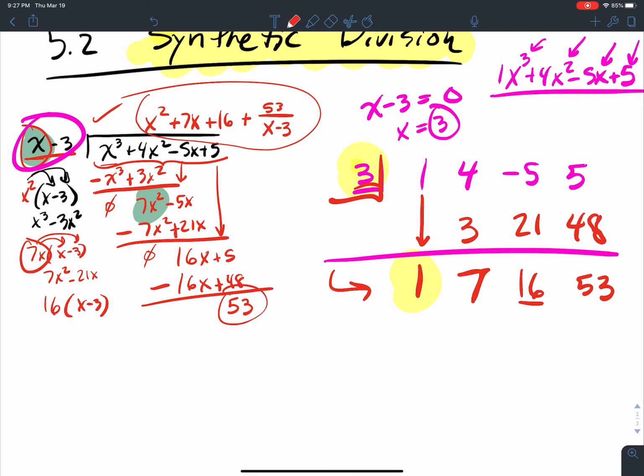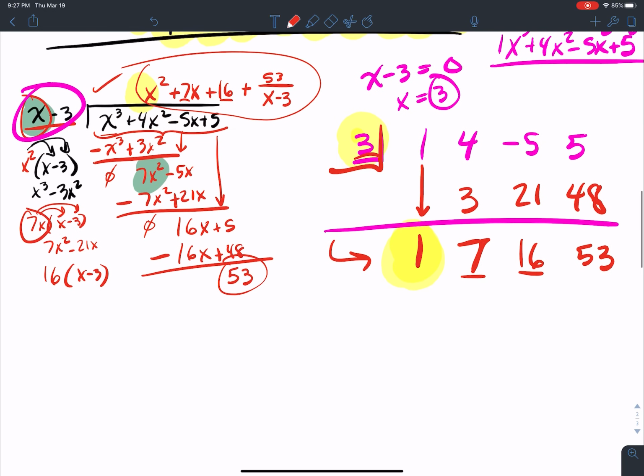Now, do these numbers look familiar somewhere? Yeah, I hope so. The 1 is the 1 in front of the x squared here. The 7 is the 7 here in front of the x. The 16 is the constant here. The 53 is the remainder. So when you write this out, I want you to always start with the last thing you wrote down, which was the remainder.